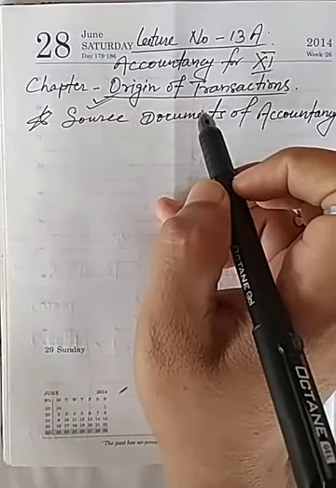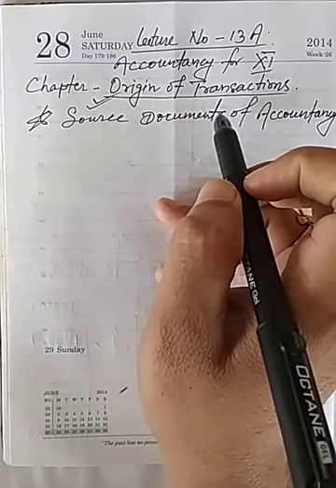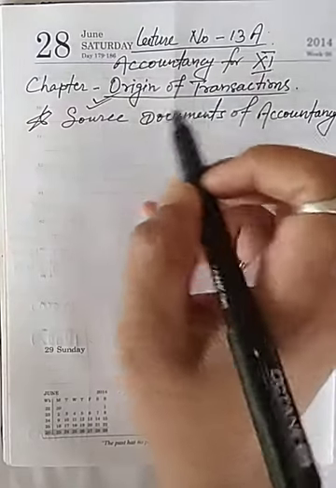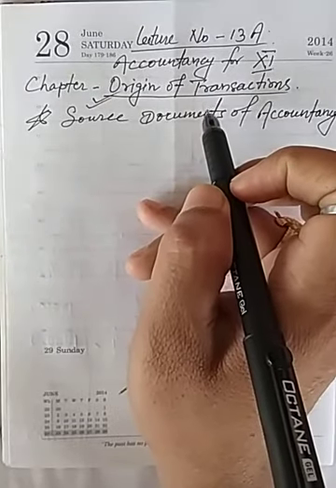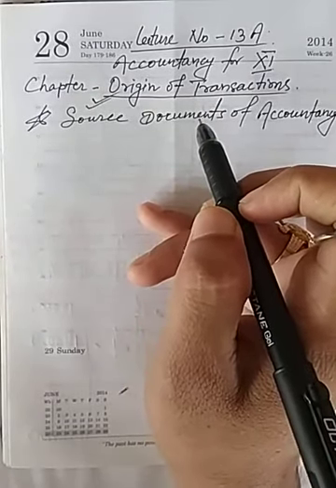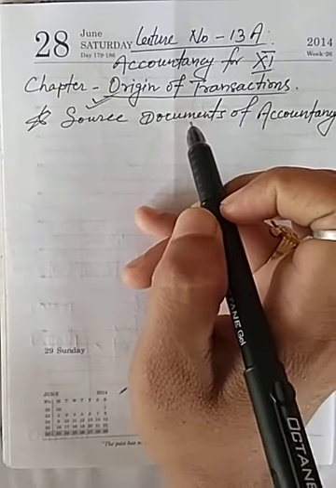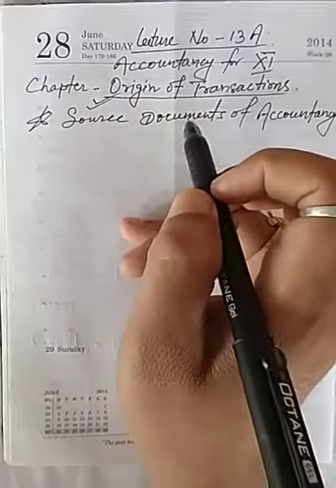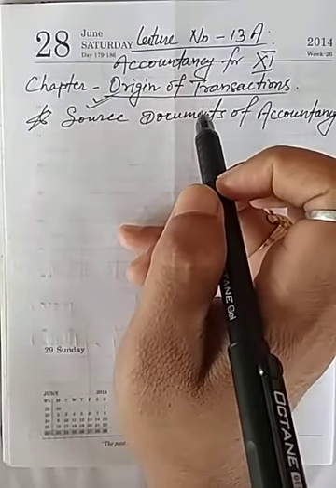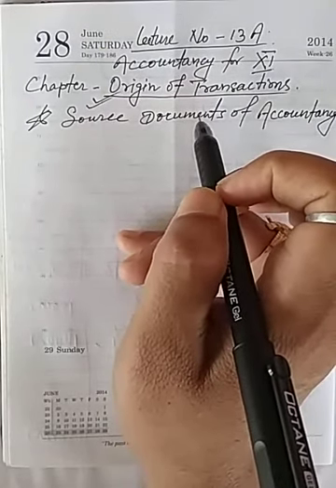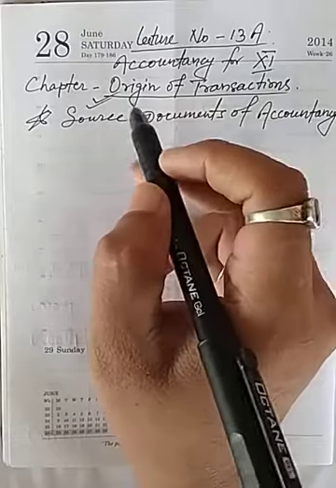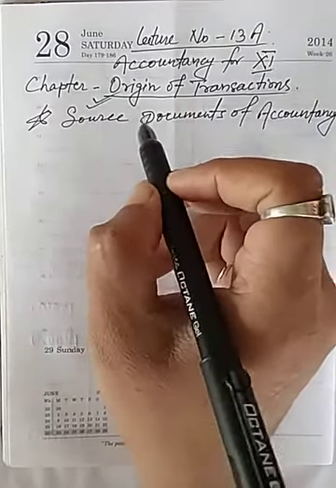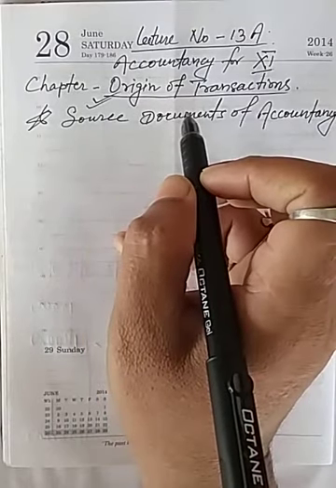These documents are the first record about the details of a business transaction. Such documents report the date, the amount, parties involved, and nature of the transaction. Entries in the books are always made from the source document.